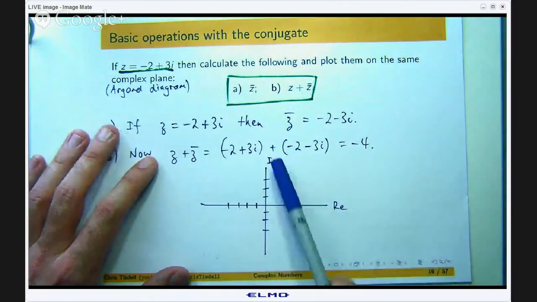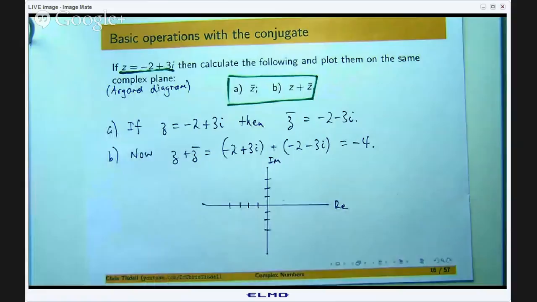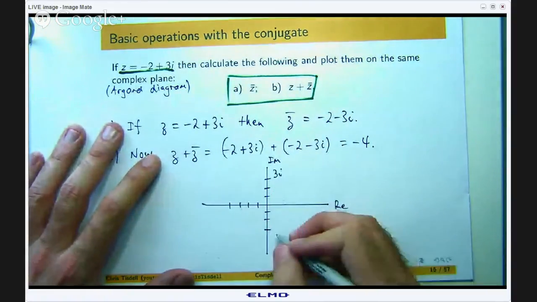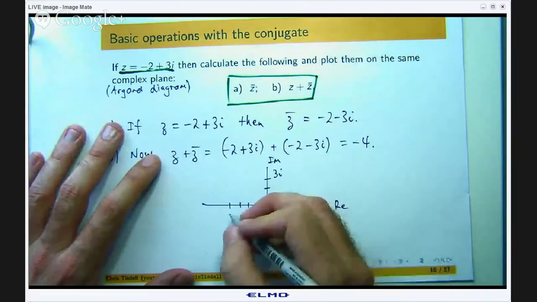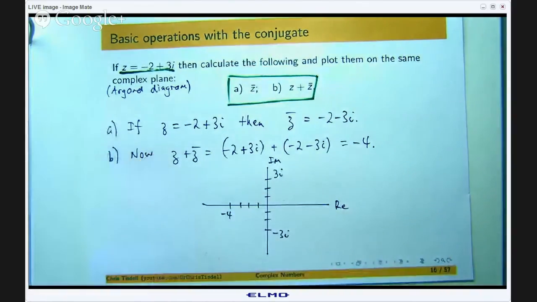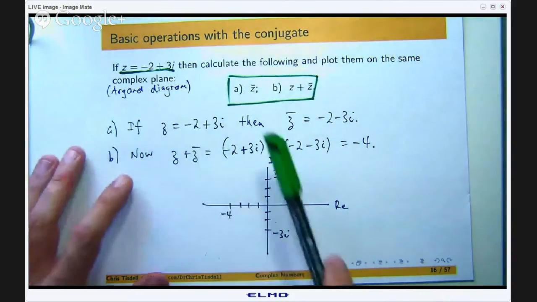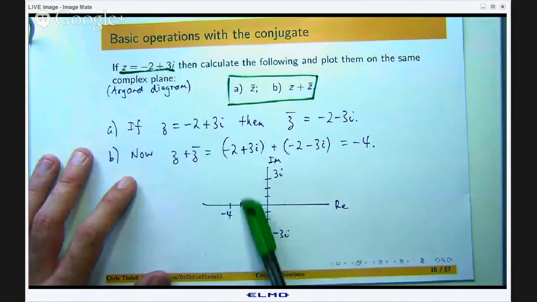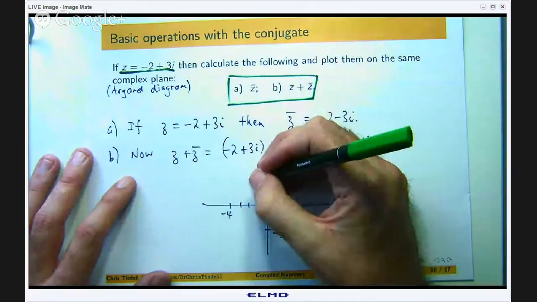Okay, so I've got my real and imaginary axes. I've got, say, 3i up here, negative 3i down there, and say negative 4 there. Let's see if we can draw in our complex numbers. For z, I want to go 2 units this way and 3 units up. So it'll be somewhere like that.